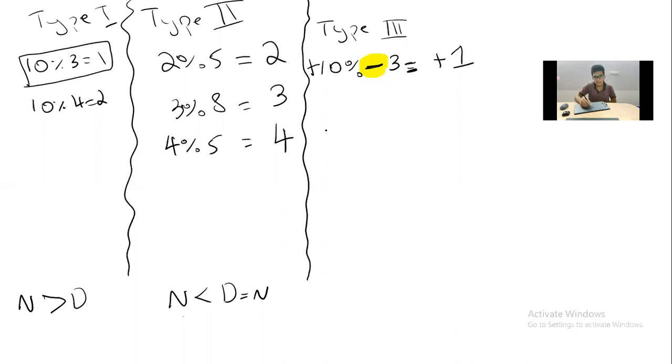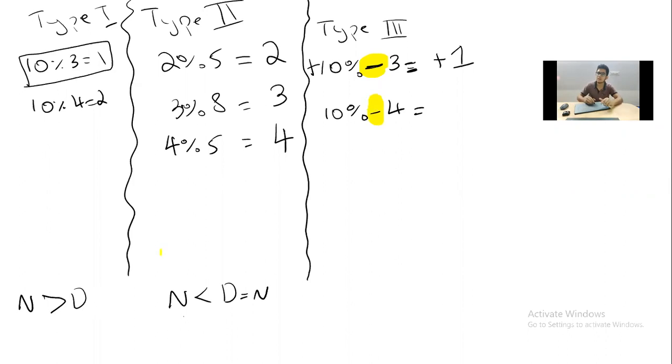Now let me take the second example, that is 10 mod minus 4. What is the answer? Whenever you see a negative sign in the modulus operator, you have to ignore all the negative signs.